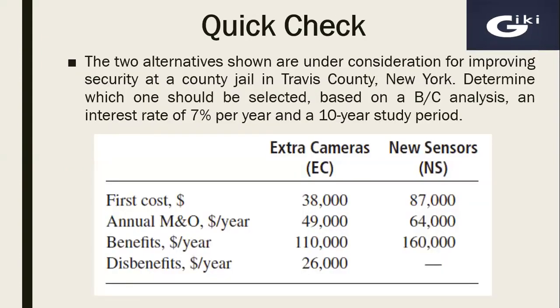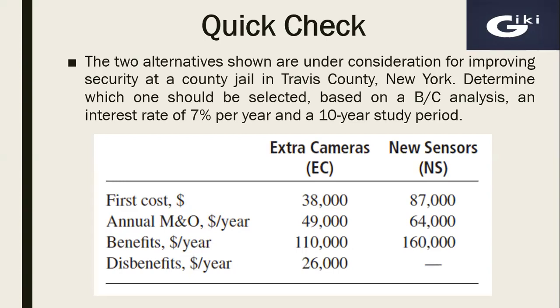Now here is another example. We are given two alternatives for improving security at a county jail in Travis County, New York. We need to determine which one should be selected based on a B over C analysis and an interest rate of 7% per year and a 10-year study period. So one option is extra cameras and the other is new sensors.